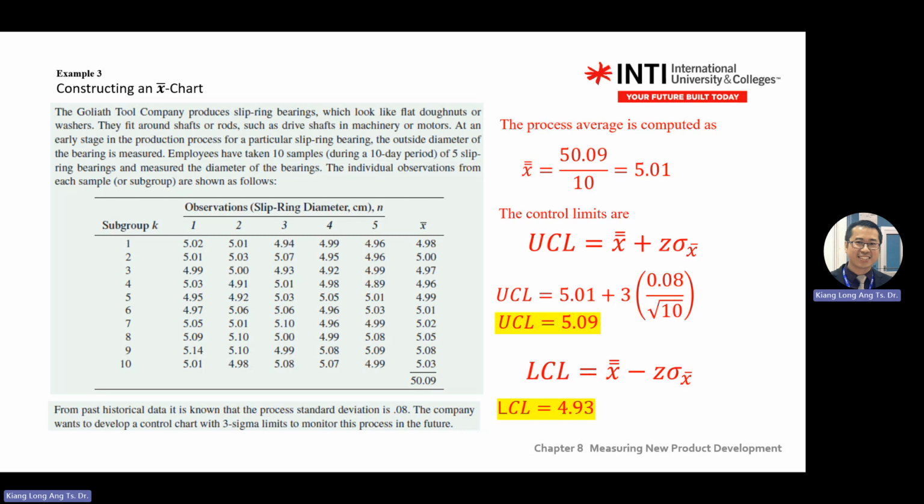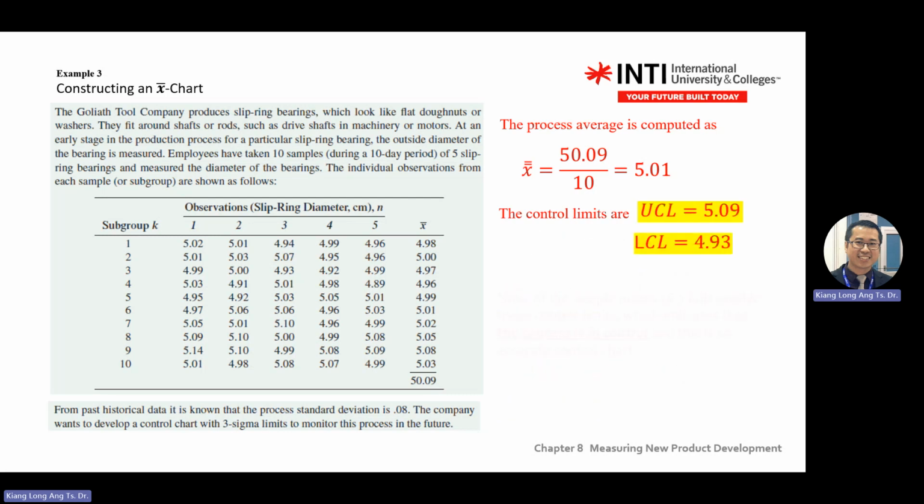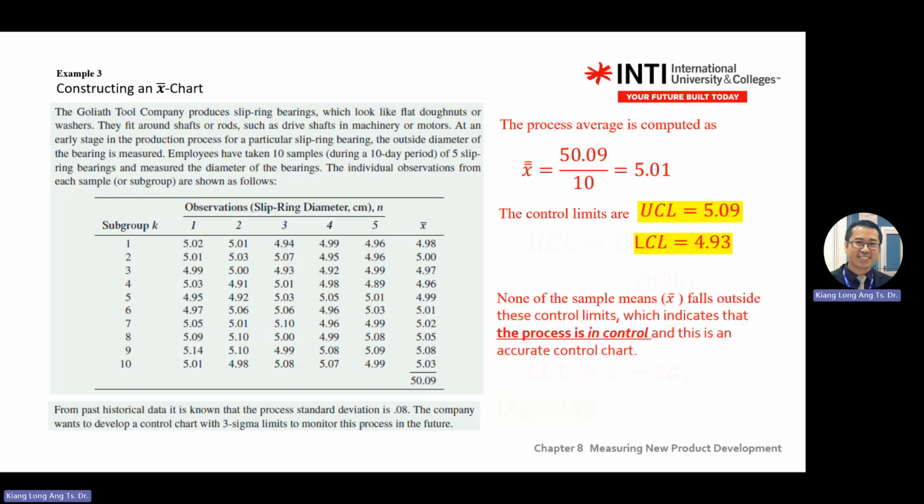Okay, and X bar. So you have 3 important lines: X double bar, UCL, LCL. You plot them inside the graph. Sometimes you don't need to plot the graph, you just observe from these 3 values. So you want to see the upper limit 5.09, you look at the averages. Is there anything out of 5.09?